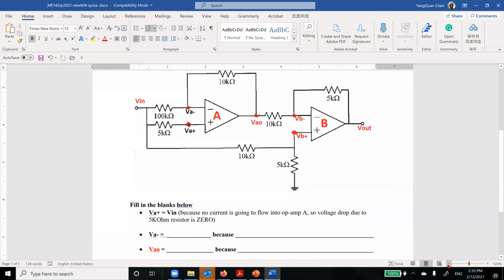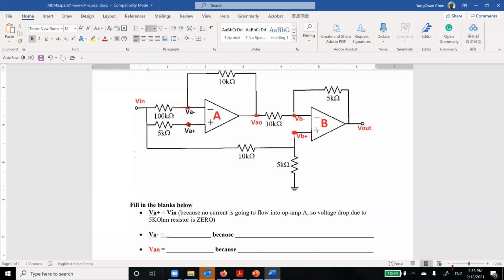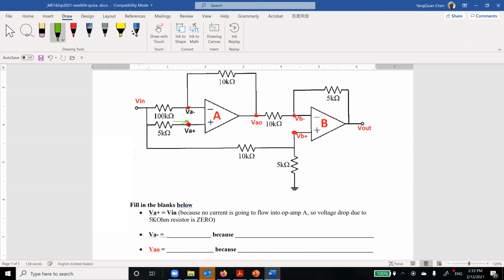Well, let's start this problem. So VA plus is V in. Why? Because there's no current flowing into the op-amp, so there's no current flowing in here, and therefore no voltage drop on this 5K ohm resistor. So this guy and this guy are the same.